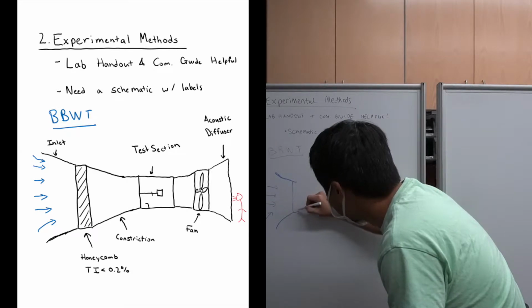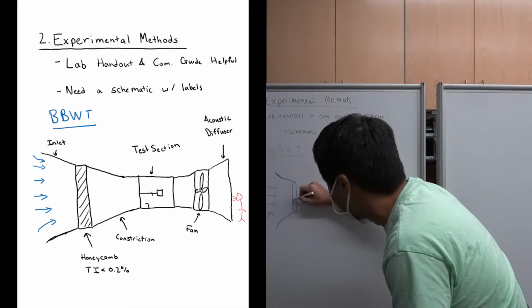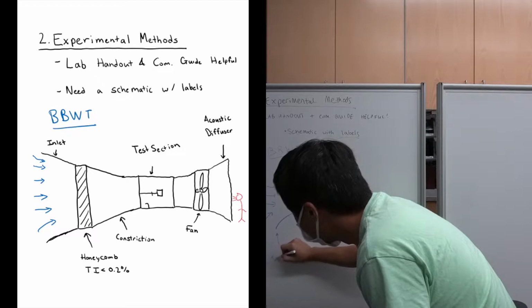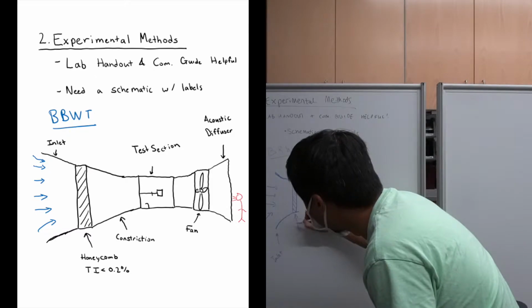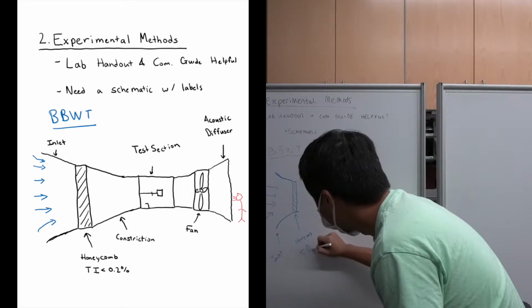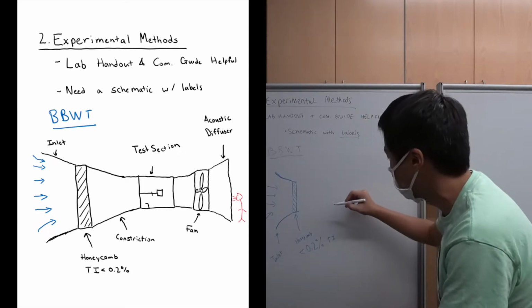It decreases the turbulence intensity to less than 0.2%. So we have our inlet, we have our honeycomb, and like I said, it's less than 0.2% turbulence intensity after this.